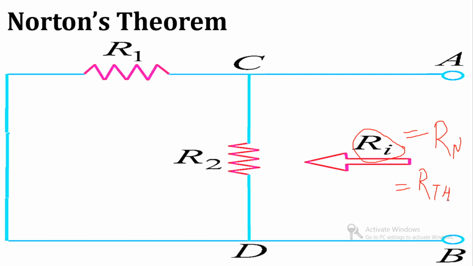Instead of a voltage source there will be a current source, but the procedure to find the value of RN is the same as the method to find the value of Rth. So Norton's resistance is equal to Thevenin's resistance.